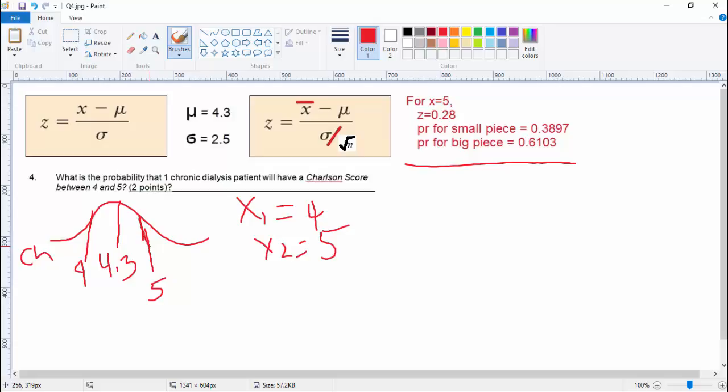Well, that it's between 4 and 5, so we're going to color in this middle part. And you remember this from before? So what's our strategy? Our strategy, I'll use green here, is to calculate the probability of the little piece above 5, which we already have. The small piece, that's actually over here, right? The thing we don't have yet is this small piece for the 4.